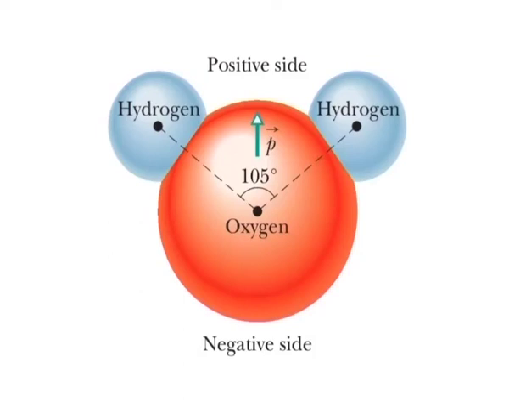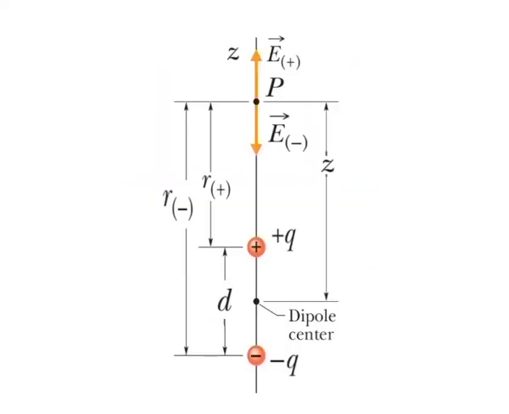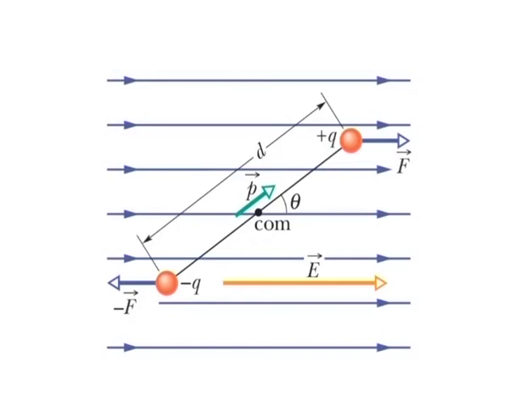If the water molecule is placed in an external electric field, it behaves as would be expected of the more abstract electric dipole, which was discussed in the earlier lecture and is again shown here. To examine this behavior, we now consider such an abstract dipole in a uniform external electric field E as shown here.